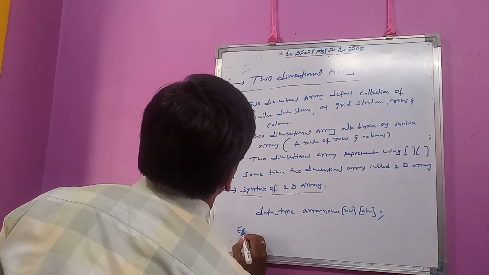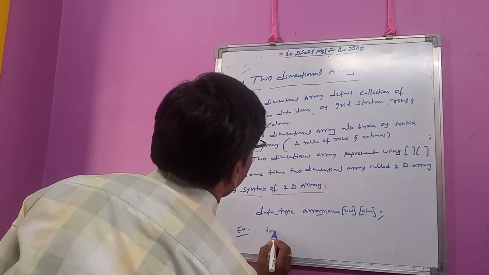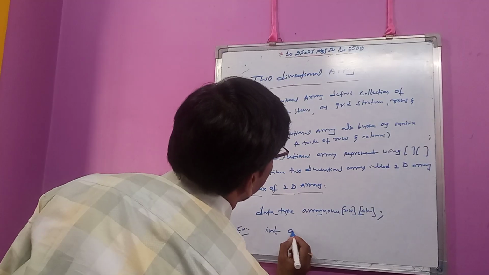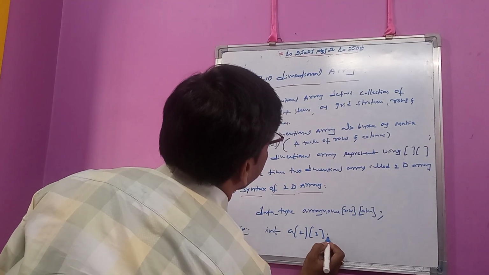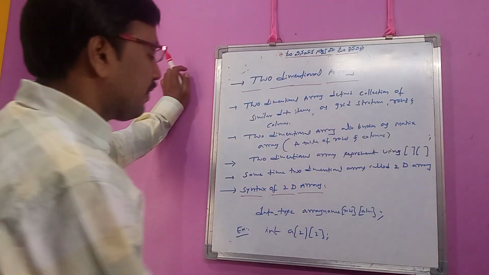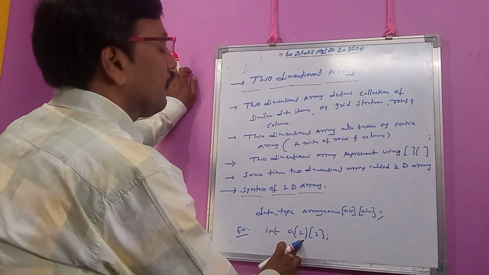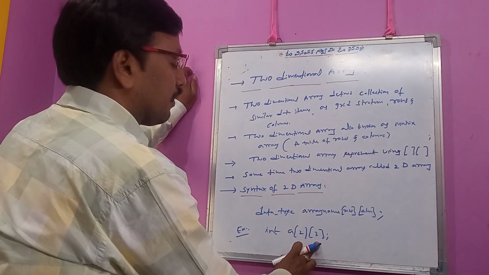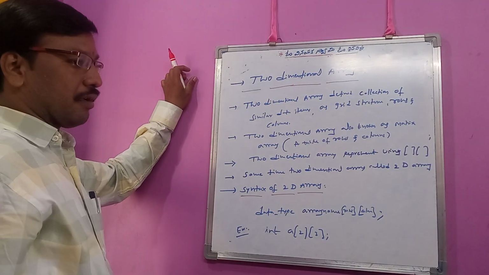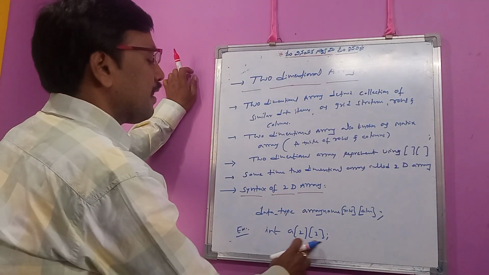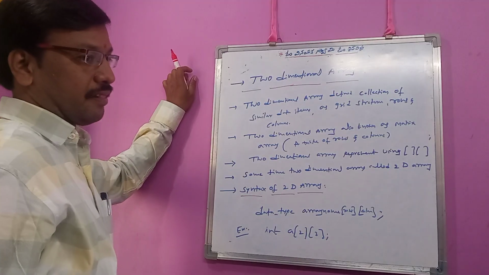Example: int a[2][3]; Here you can see 2 is the row, 3 is the column. So that means 2 by 3 is the dimension. The size of this one is totally 6 elements.